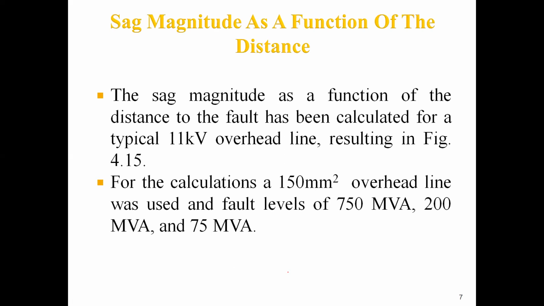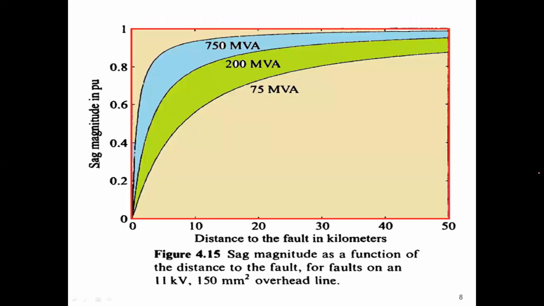So we can have a little bit of a case study here. The sag magnitude as a function of distance to the fault has been calculated for a typical 11 kV overhead line, and this is what you can see here. This is the case study I'm showing to you.